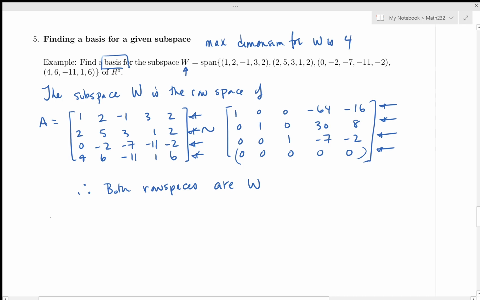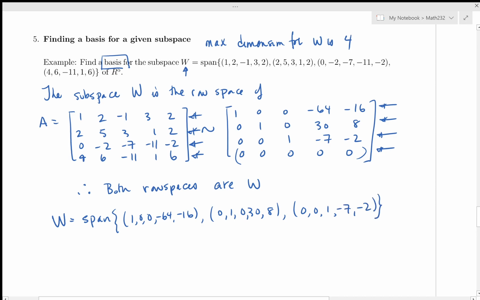So W can then be written as the span of the first row, the second row, the third row, and I don't need the fourth row. There it is. Now I'm guaranteed that those three vectors are linearly independent, and they still span.